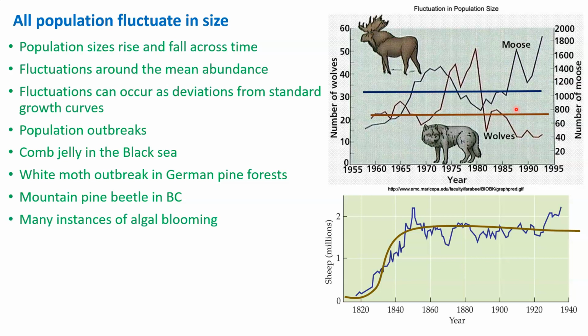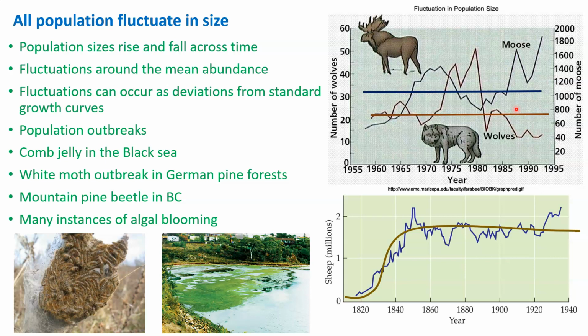And in freshwater environments, you can think about many examples of algal blooming, where the freshwater phytoplankton underwent population outbreaks with respect to increasing nutrient availability.